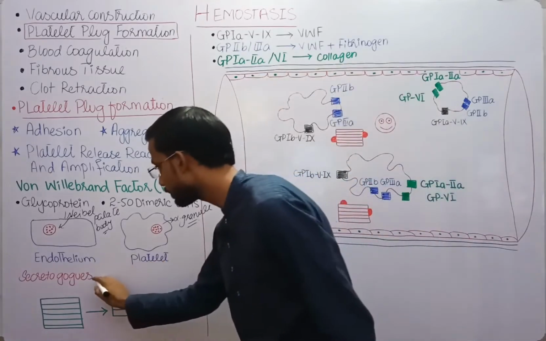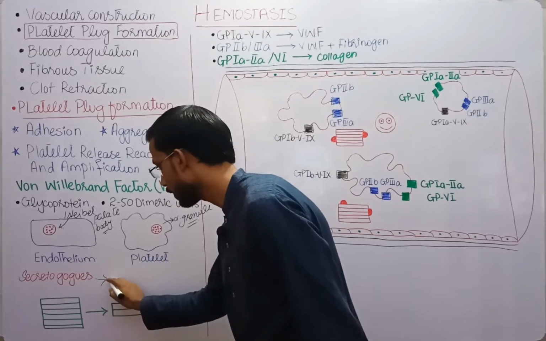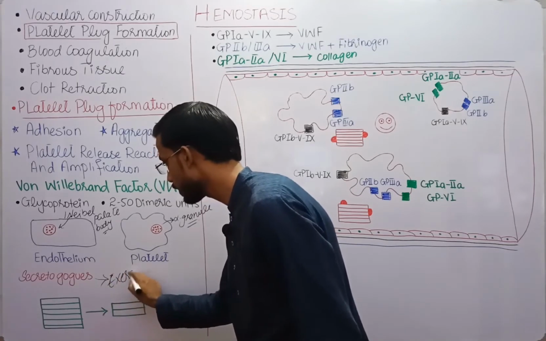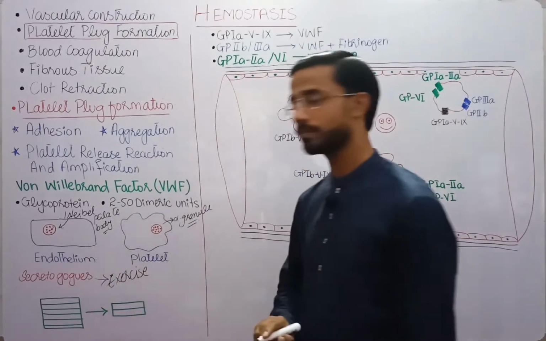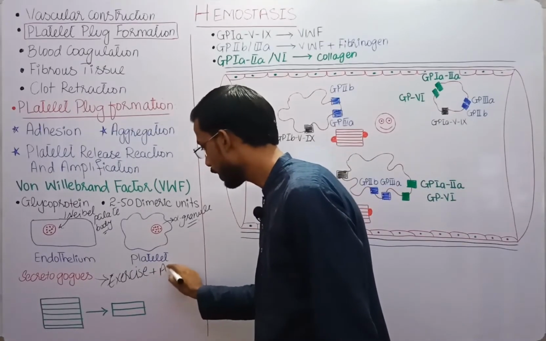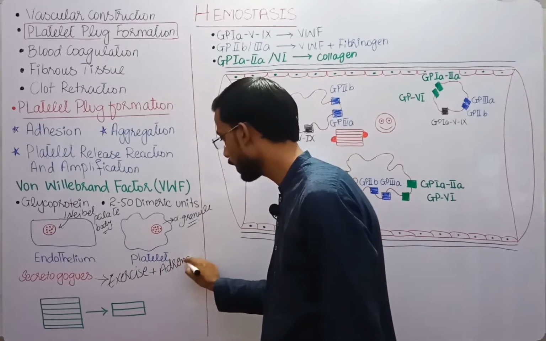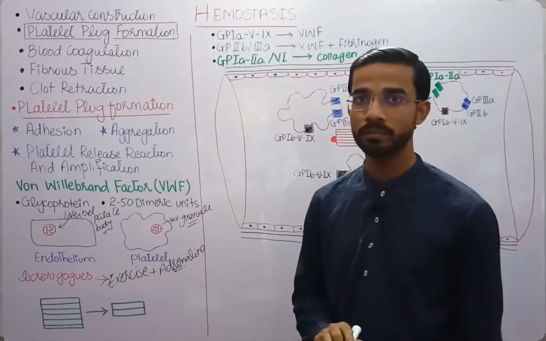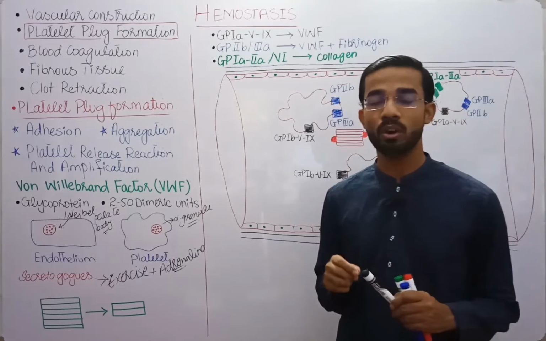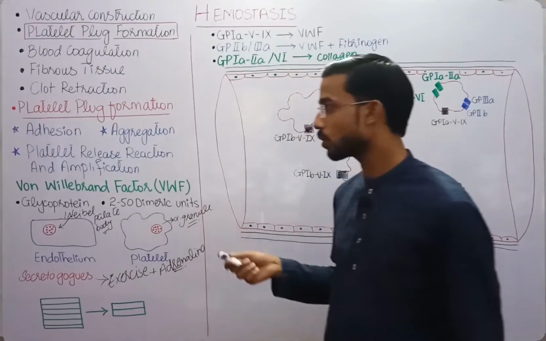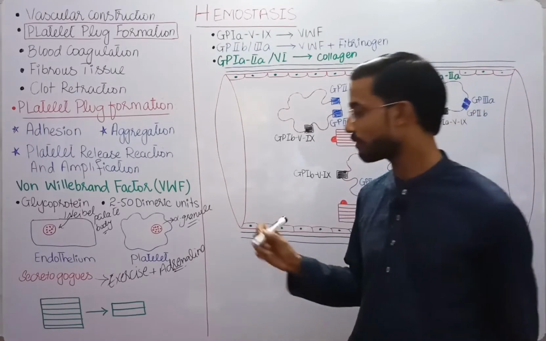These can be exercise, adrenaline, or if infusion of desmopressin occurs, then it can also cause release of von Willebrand factor.